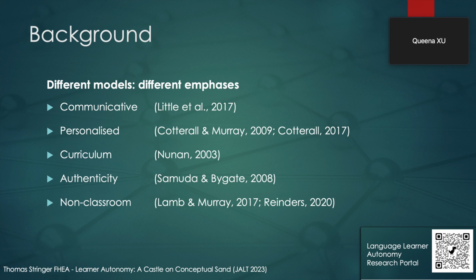Authenticity is another kind of key model that's out there to describe language learner autonomy. Authenticity in this case meaning the real world relevance, real world applicability of learning. And other models of language learner autonomy have focused on learning beyond the classroom. Okay, so recognizing that as actually a primary driver of autonomy.